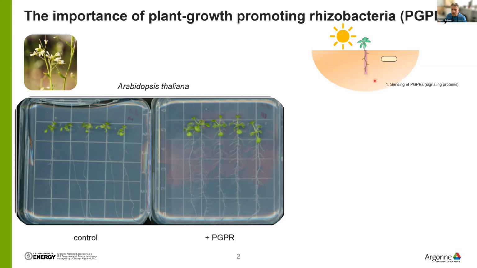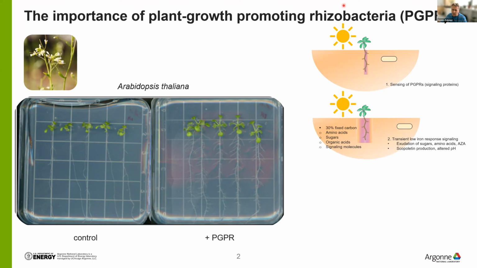When the plant senses that there are some PGPR around, it will increase the exudate into the soil environment, because plants can exude up to 30–40% of their fixed carbon in the forms of amino acids, sugars, organic acids, and signaling molecules, eliciting this response with the internal signaling cascade.